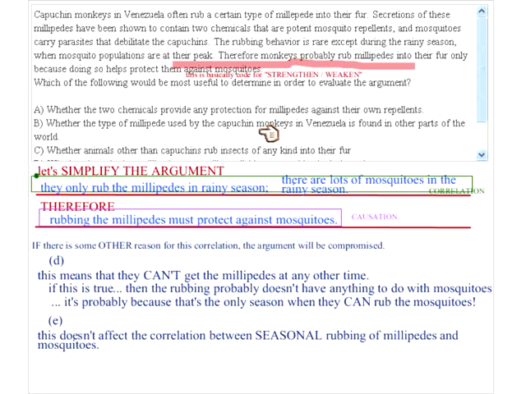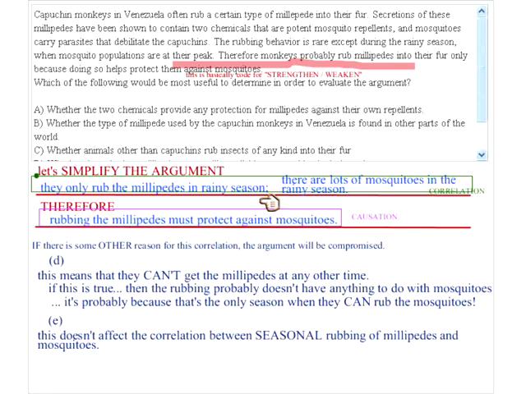So, if you look at that, it's irrelevant. It might affect other things that have to do with these considerations. For instance, but you have to add more stuff in there because you would have to make it relevant to this seasonal argument. For example, if choice E said something like other species that are not available during the rainy season have these chemicals, then that would affect us here.